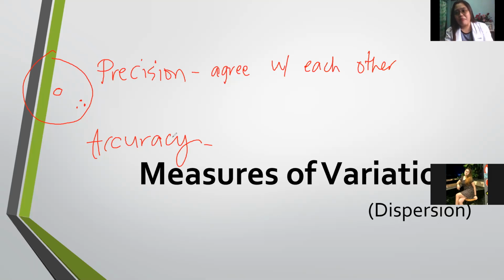So, it doesn't matter kung nahit nimo ang bullseye, but as long as the sets of the data or the sets of scores agree with each other, they are not spread, dili jud like extremes nga ang isa kay dito sa layo, ang isa dito sa pikas na portion, or kung sa numbers man na layo kayo ilang difference.